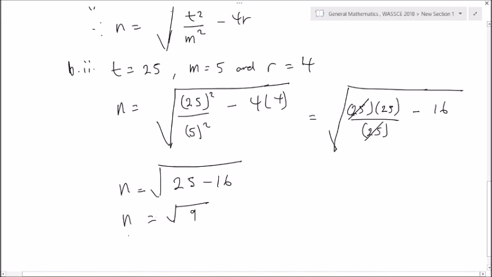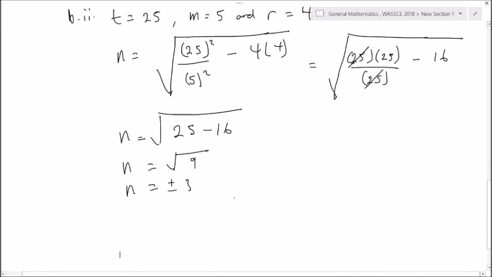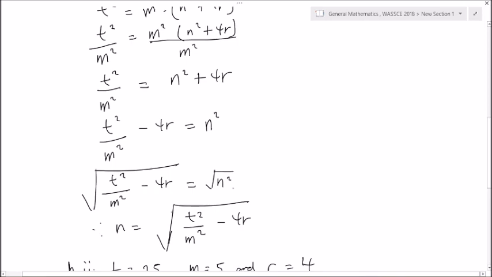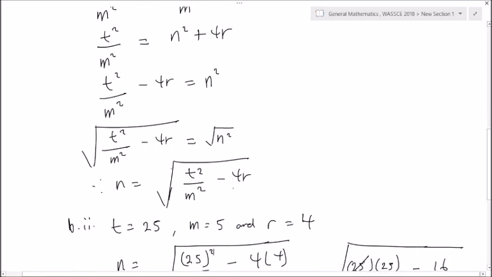So n is equal to root of 9. That is n is equal to plus or minus 3. But we are given that n is a positive value, so we have to ignore the minus. Therefore n is equal to 3. That is our answer. That is n is equal to 3 when t is equal to 25, m is equal to 5, and r is equal to 4.